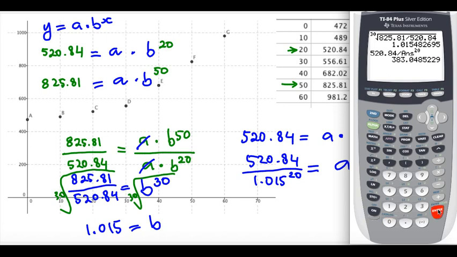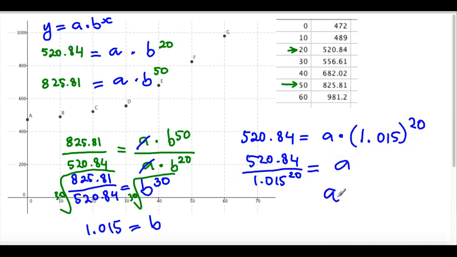So we will have 383.0485 and so on. So I'm just going to take it to 3 significant figures, 383. So here in this case, the value of a is 383. So this is an alternative way, algebraically, to find your exponential model.